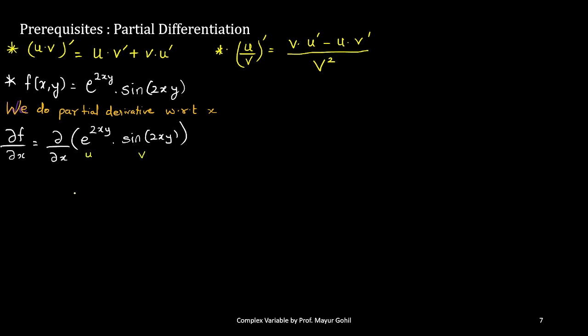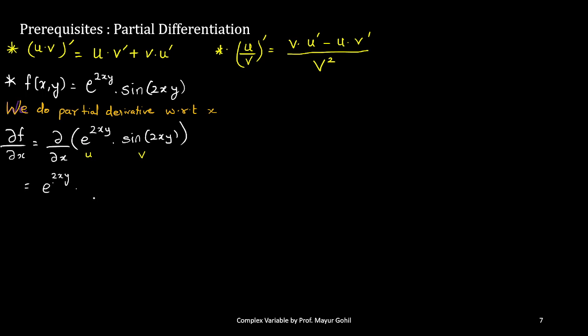As per the notation, dash means the derivative operator wherever we have to take. So as per that notation, what we will get is u times, right? We will get e to the power 2xy, and then there is u times v dash.